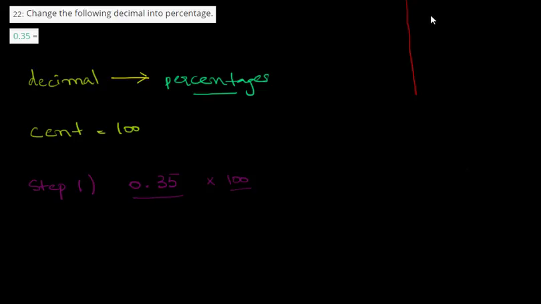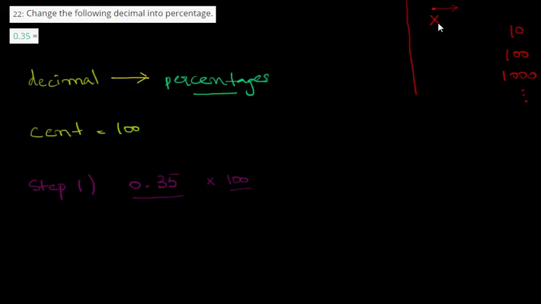So the rule is, whenever we're multiplying a number which has a decimal in it and the number that we're multiplying it with has zeros, which means we're dealing with 10 or 100 or 1000 or any similar numbers, the decimal moves towards the right. So that is the first rule.